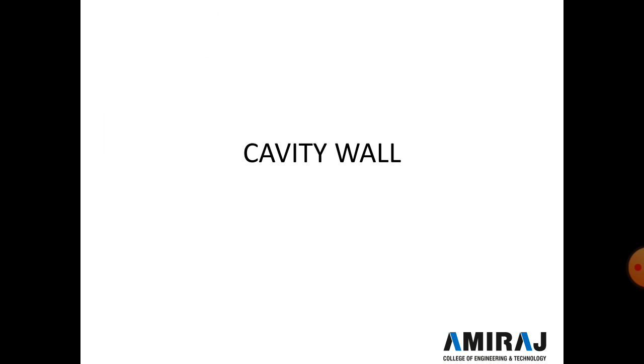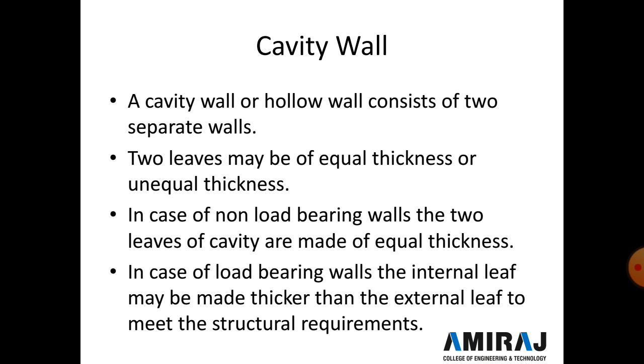First we define what a cavity is. A cavity wall or a hollow wall consists of two separate walls called leaves or skins, with a cavity or gap between the two walls, or two leaves, of 5 centimeter to 10 centimeter between them.